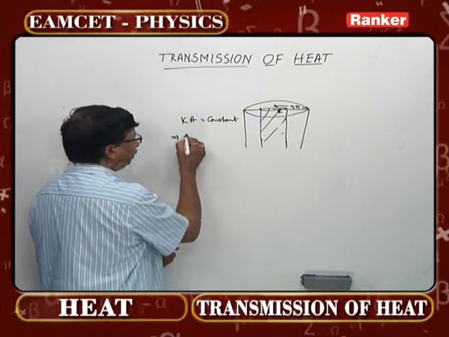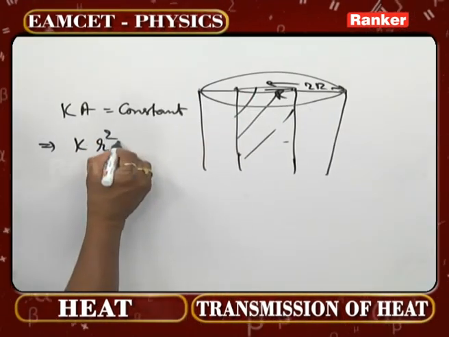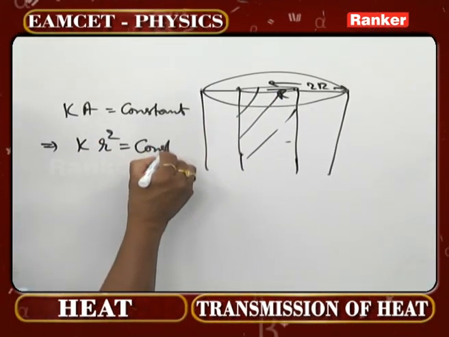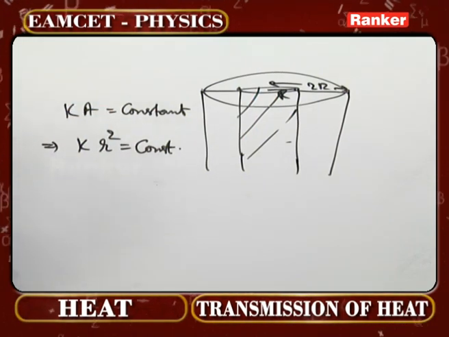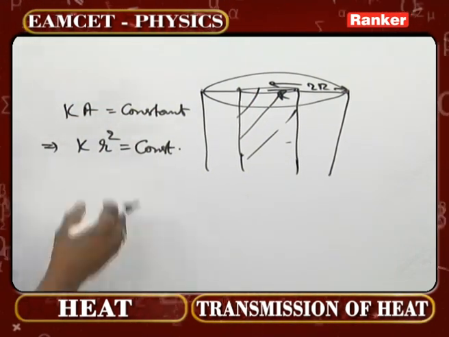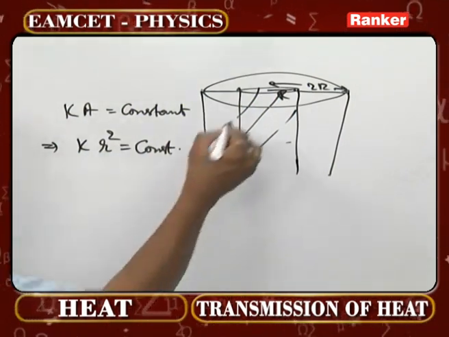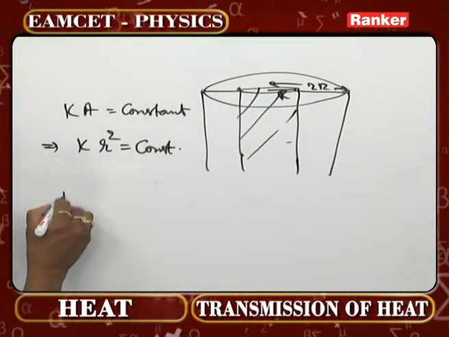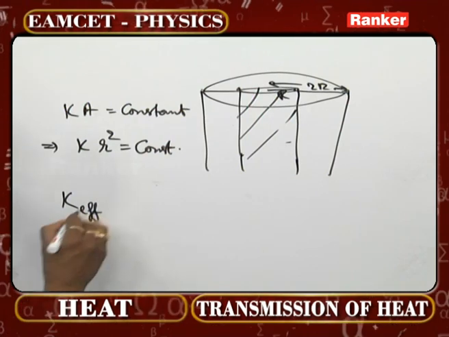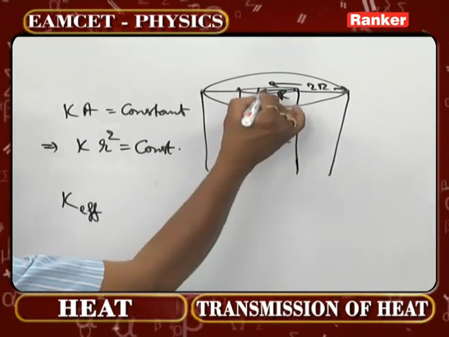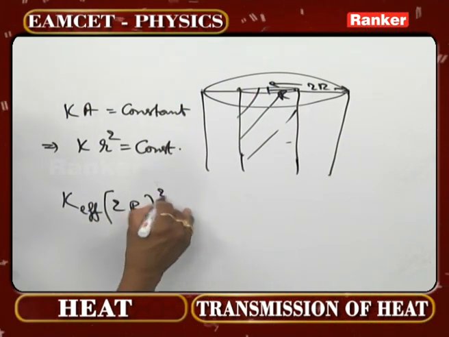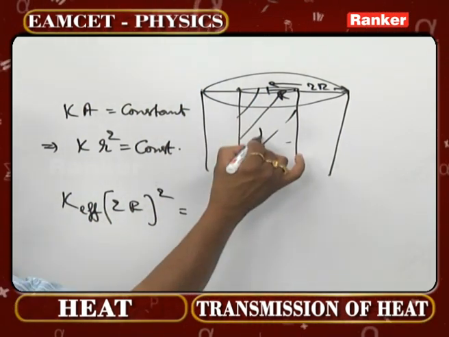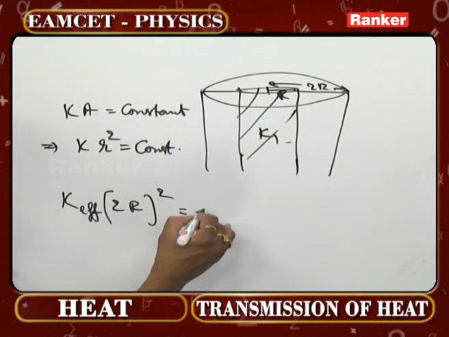In other words, you can write K into r square will be constant. You can understand, A is going to be pi r square like the cross section. If you take that area there, it is pi r square. Now in this particular case, how to write that? K effective, that is what we want, into what is the total radius over here? 2r whole square is equal to, what is the thermal conductivity of the first one, please?